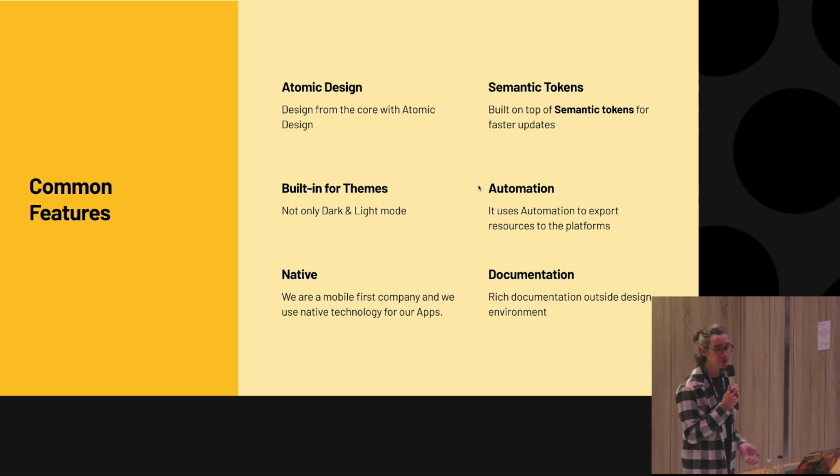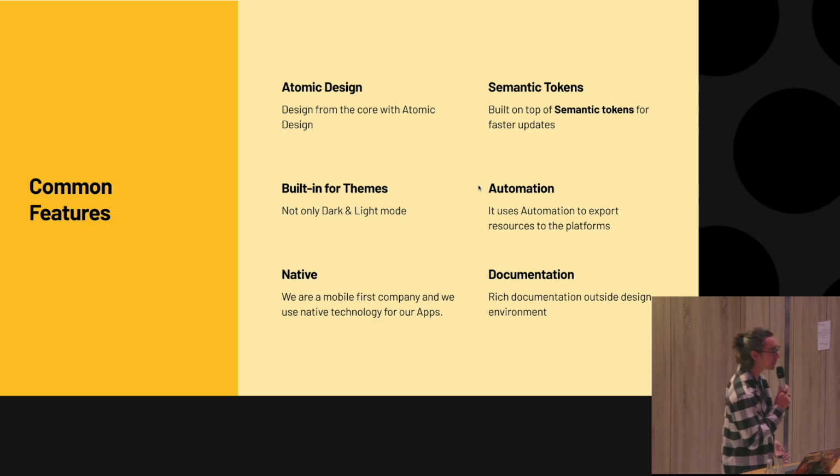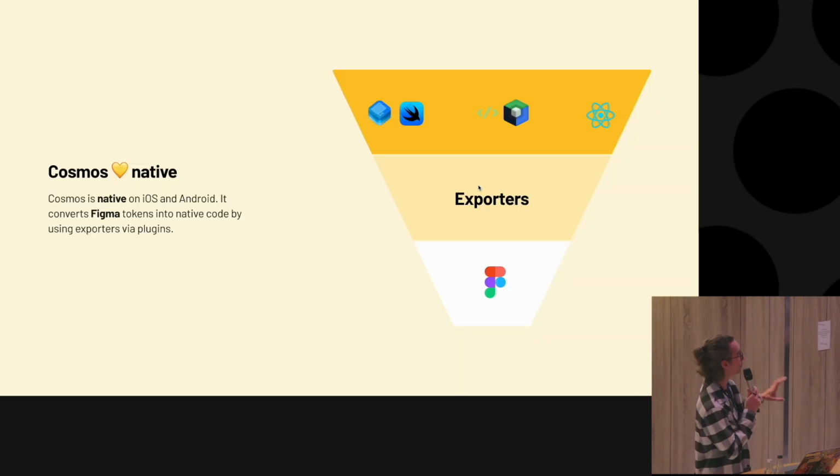Our design system also supports themes. There's really heavy automation that we run there. It's completely native, so on iOS we run Swift, and on Android we run Kotlin. And this is important: we have really, really rich documentation, but it lives outside the design environment. So that's more or less how it looks.